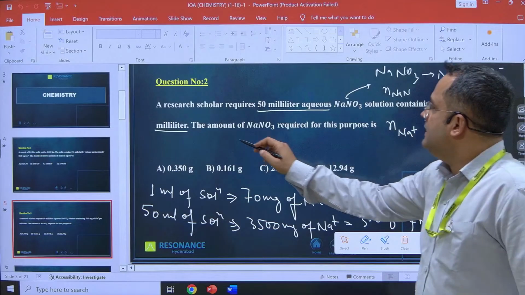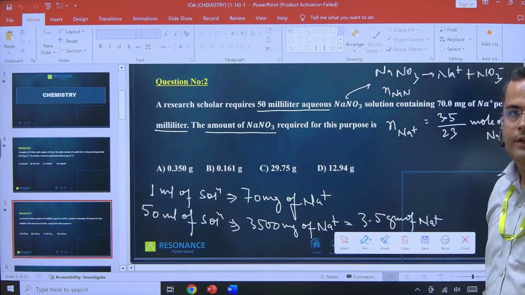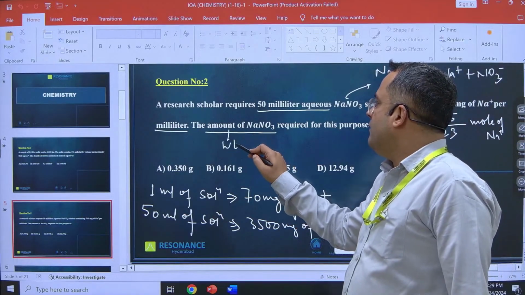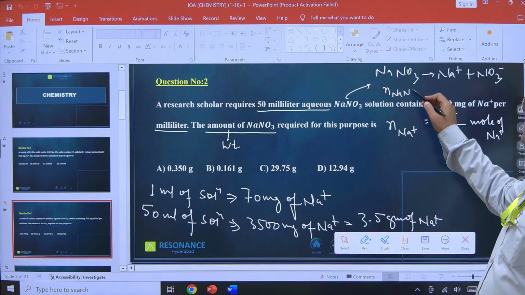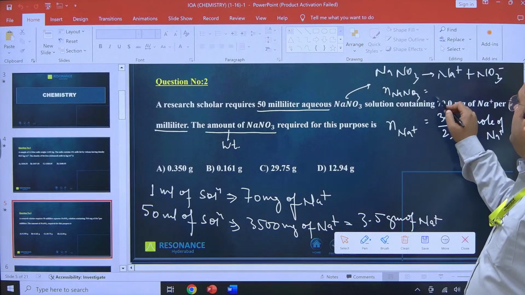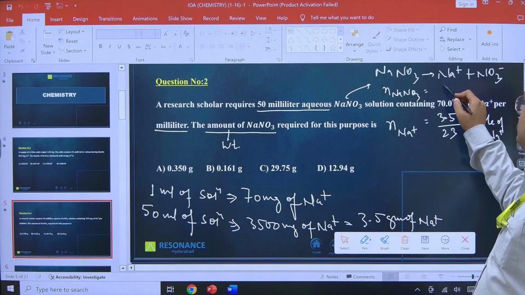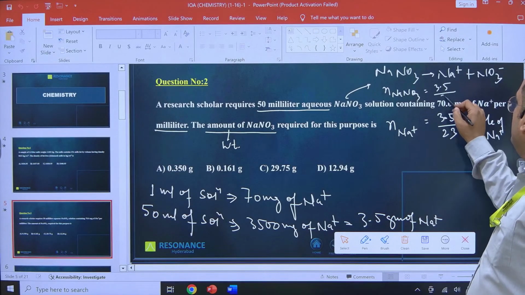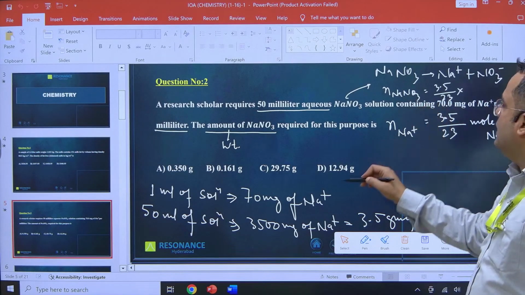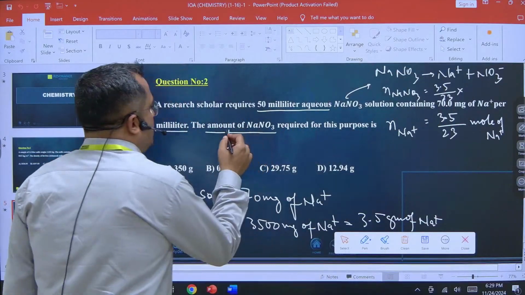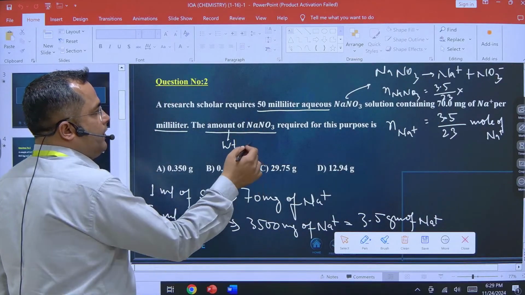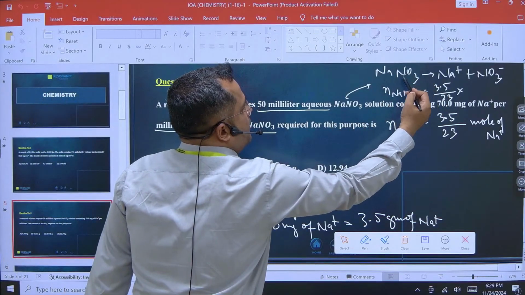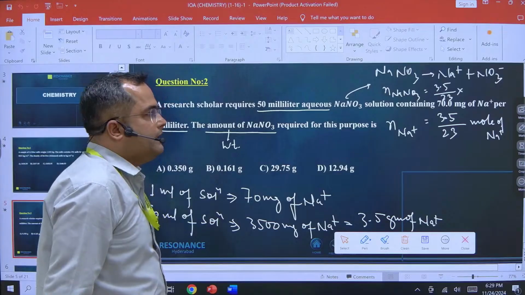What they are asking? They are asking the amount of NaNO3 required. So amount means we have to calculate the weight. So weight of NaNO3 will be equal to mole of NaNO3 into molecular mass. The moles of NaNO3 and Na plus are equal, because 1 mole of NaNO3 gives 1 mole of Na plus.